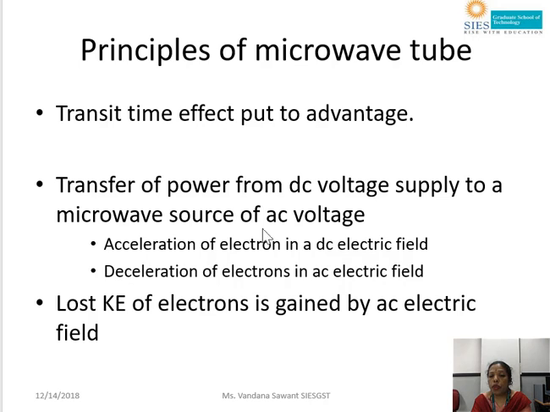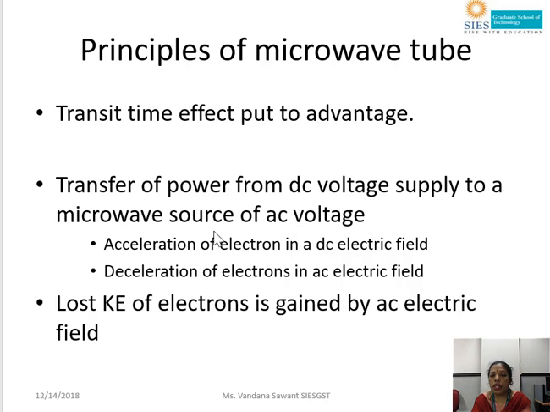As a result of the acceleration and deceleration of electrons, we can transfer the power from a DC voltage supply to the microwave source of the AC voltage, or AC microwave voltage. This can be achieved by changing some operational factors in conventional tubes.